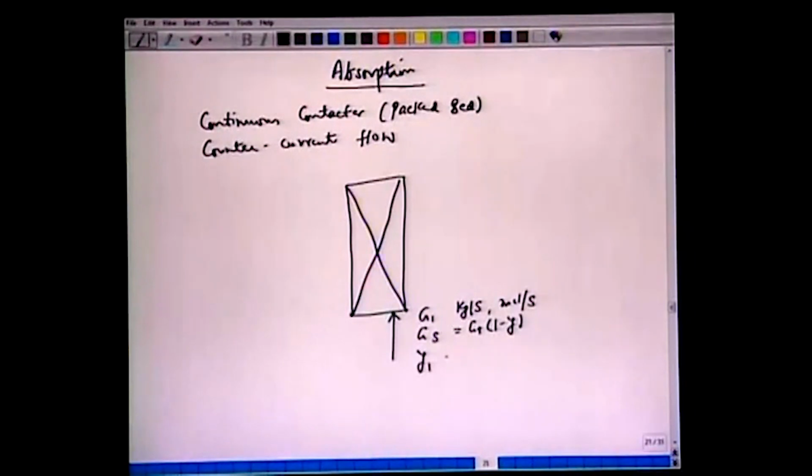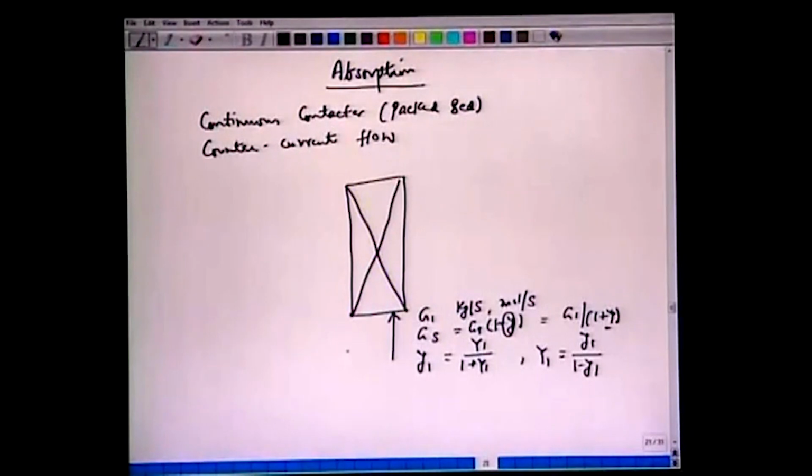We have mole fraction, which we can write in terms of solute free basis mole fraction, which means we can also write this as G1 over 1 plus Y. So, you must check yourself how we are writing GS in terms of mole fractions y and in terms of mole fraction on a solute free basis. All it means we can also write capital Y1 as y1 over 1 minus y1.